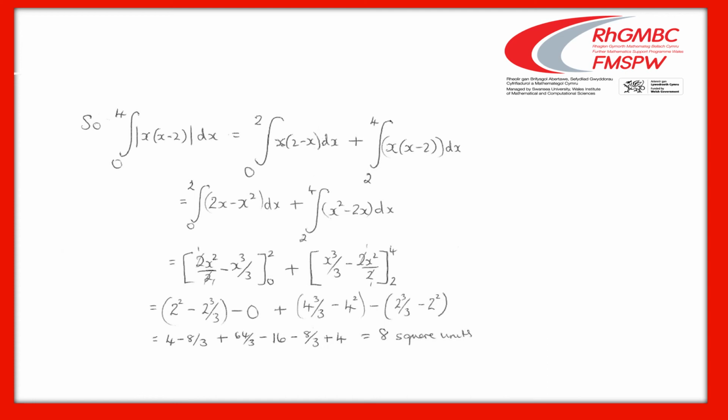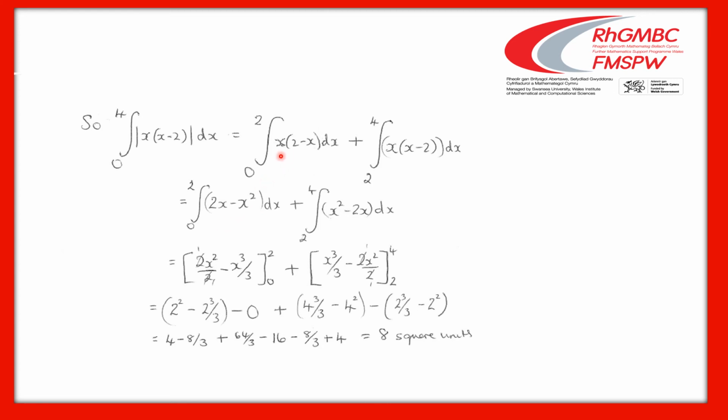So to finish off the actual integration, now we've seen from the graphs that we have to integrate the functions separately between 0 and 2, where we're integrating x times 2 minus x, and then between 2 and 4, x times x minus 2. We can just go ahead and integrate.